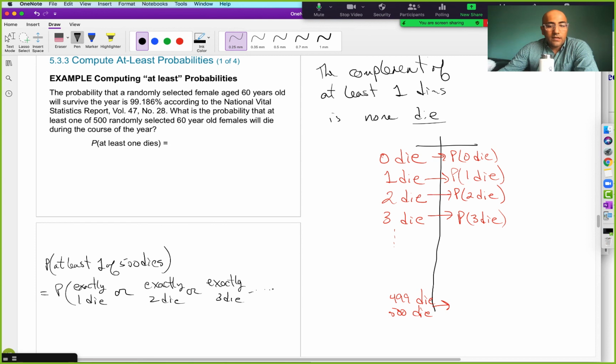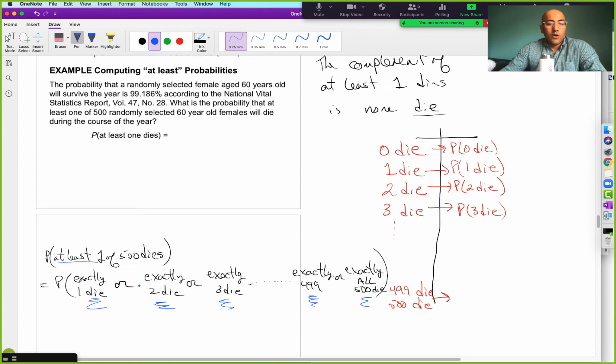Dot, dot, dot, and it goes all the way out to the extremes. Maybe exactly 499 die, or exactly all 500 die, right? All of these conditions, all these outcomes, 2 died, 1 died, 3 died, 499 died, 500 died, all of these satisfy the statement at least one of the 500 died.